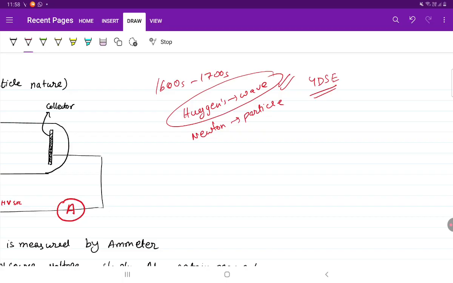At that time Newton's particle nature was kept aside and thought to be wrong. But later another experiment, the photoelectric effect, which we'll be discussing here, again proved that light exhibits particle nature. The conclusion was that light must exhibit particle nature, otherwise it couldn't have shown the photoelectric effect. Now, let us see about it.